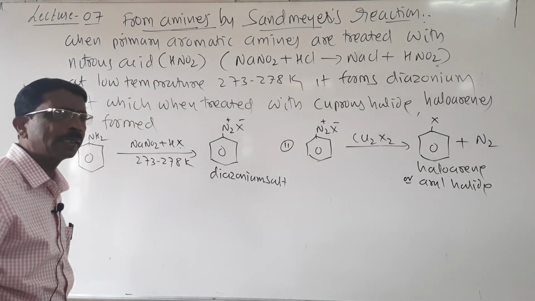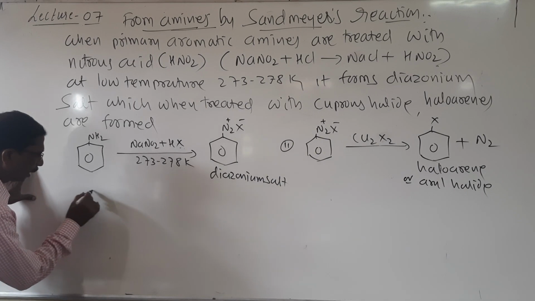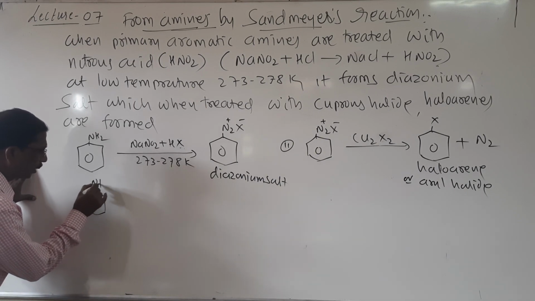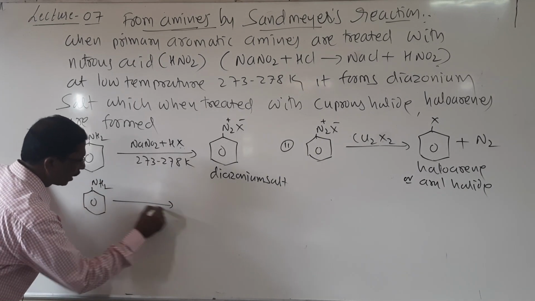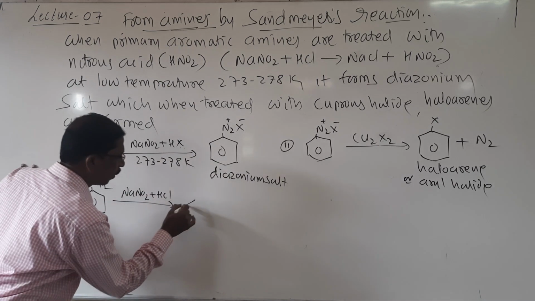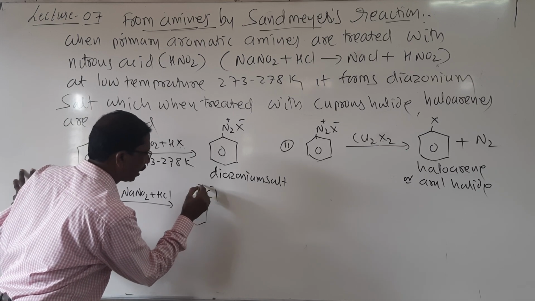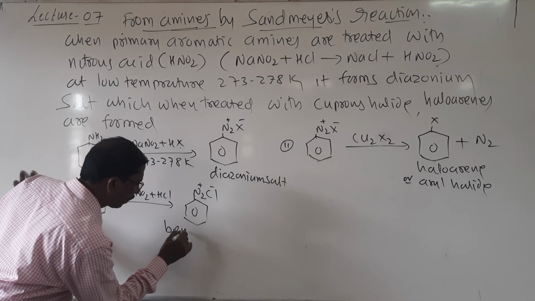You may also take an example for this. So I will write an example here. Primary aromatic amine, when treated with NaNO2 plus HCl, forms benzene diazonium chloride, N2Cl.